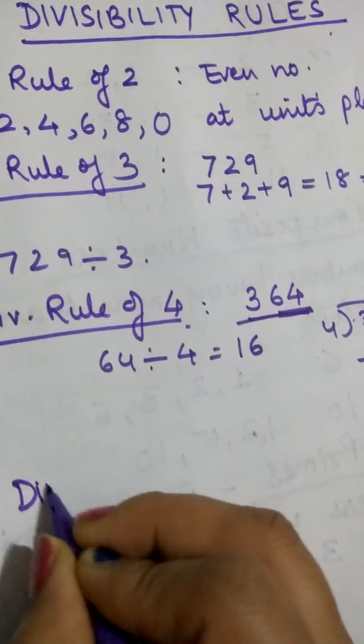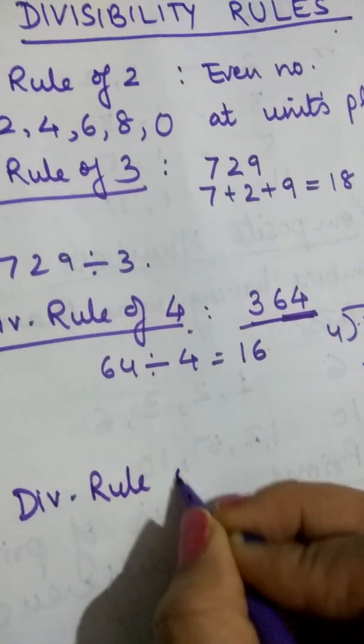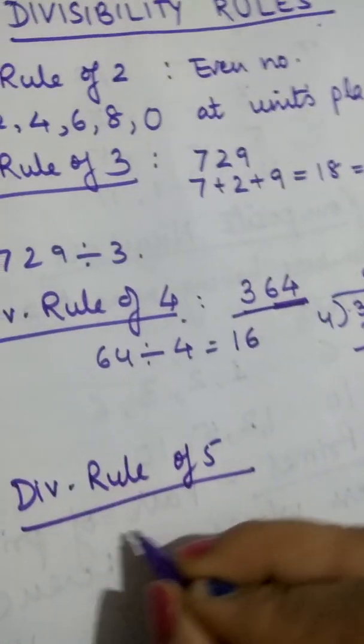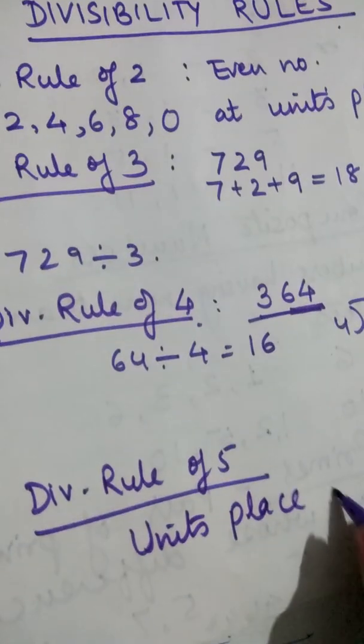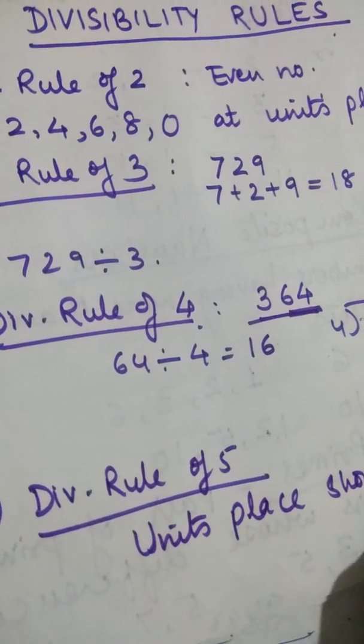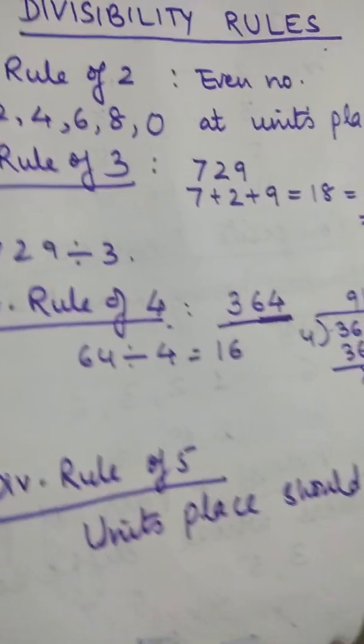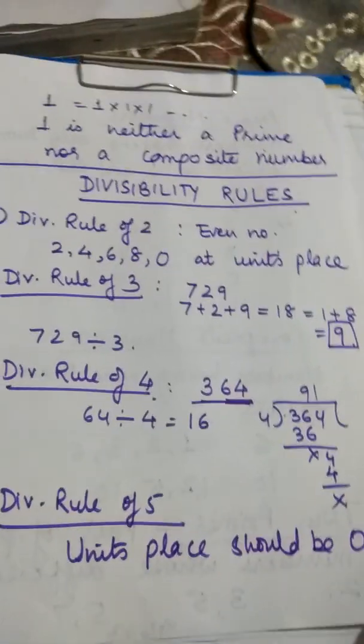Now the divisibility rule of 5, that is very simple. In the units place, there should always be 0 or 5. Then the number will be divisible by 5.